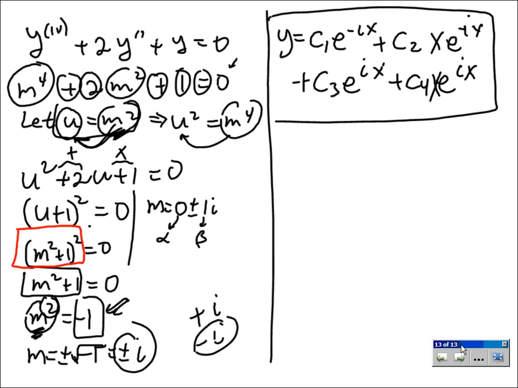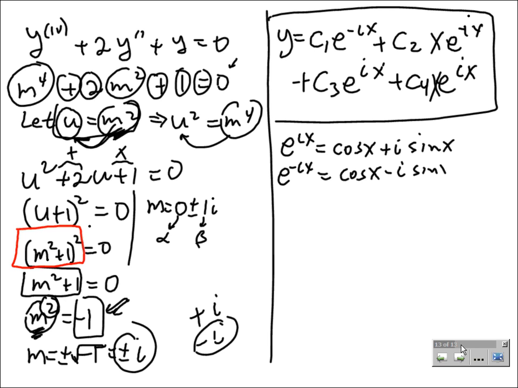We know that e to the ix is cosine x plus i sine x, and that e to the negative ix is cosine x minus i sine x.